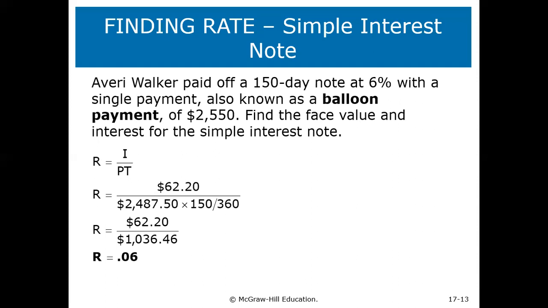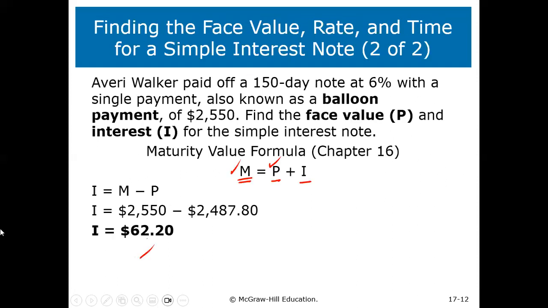Here we're finding the rate. This is just a continuation of the previous problem. We were able to compute the interest here, right? 62.2. If you have the interest, then you can compute either principal, rate, or time.